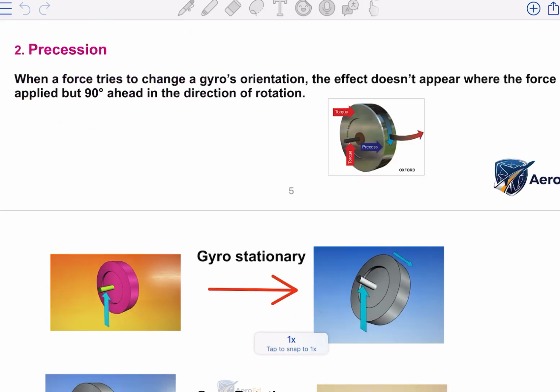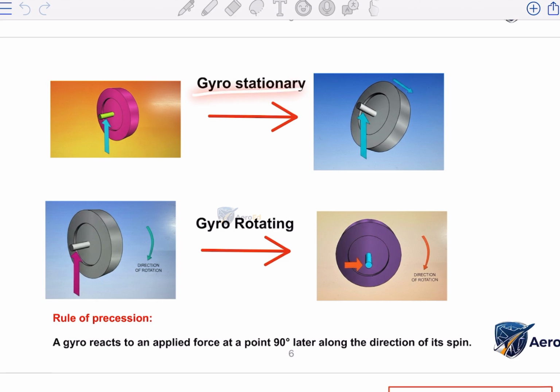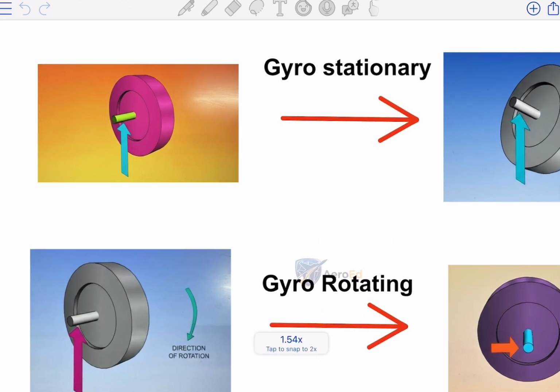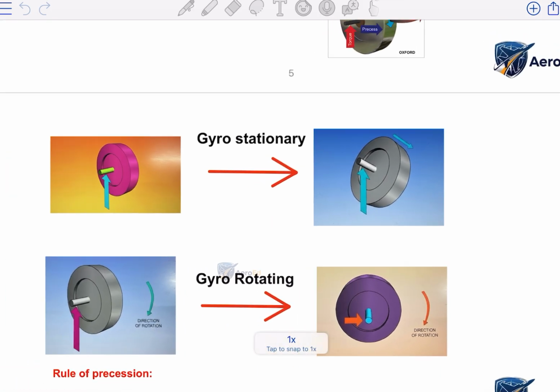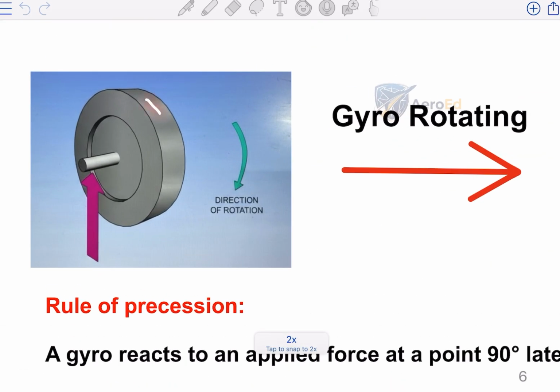When the gyro is stationary, what happens? That means the rotor is not rotating. So when the rotor is not rotating and we apply the force in this direction, the effect will also be in that direction only. But it changes when the gyro starts rotating. As you can see, the rotor is now rotating.